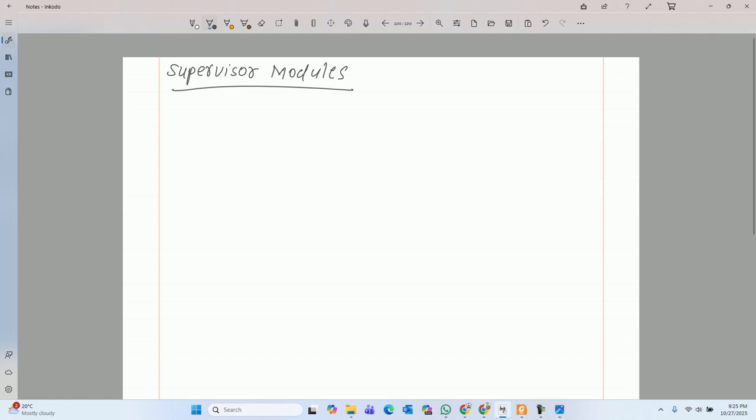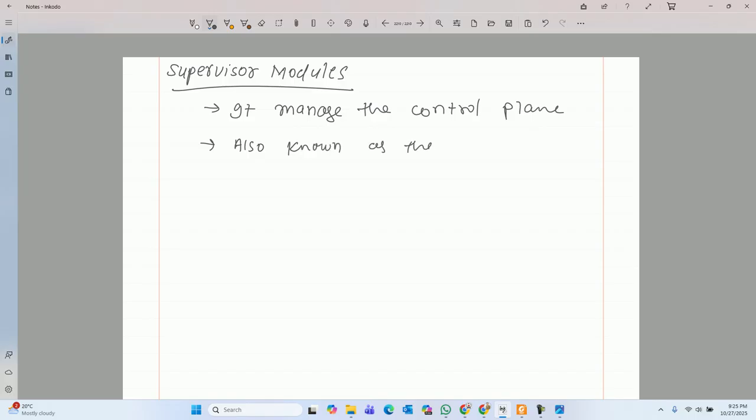It is offloading the responsibilities of our CPU, or you can say that it manages the control plane, also known as the brain of the switch, because it is taking care of the control plane.